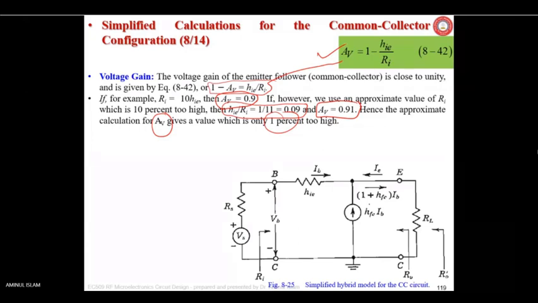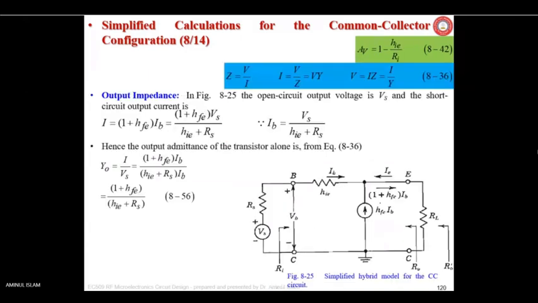From this figure, the open circuit voltage is VS, and the short circuit output is given by this. Short circuit current is given by (1 plus HFE) into IB.